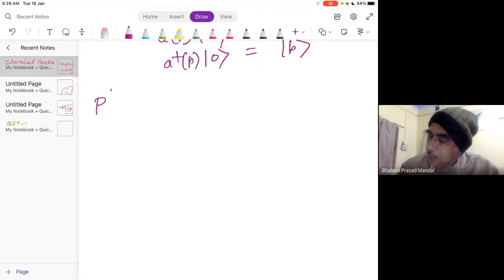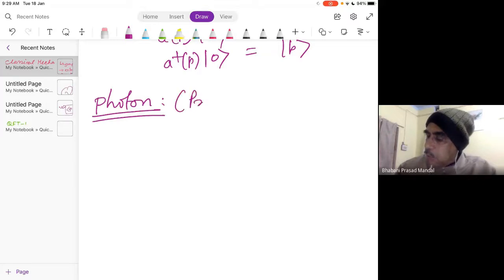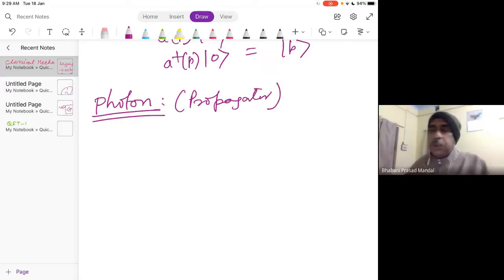The quanta of the electromagnetic field is the photon. So let us take the terminology: the photon is the quanta of the electromagnetic field. This is an expression which you will be using in quantum field theory many times.